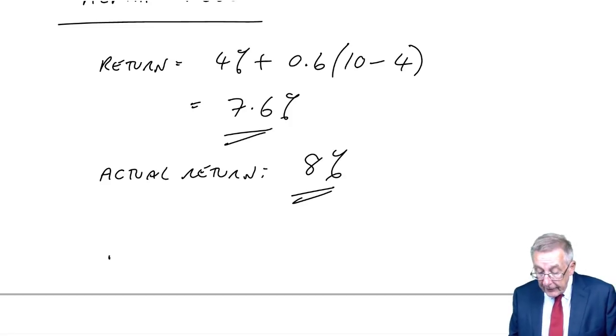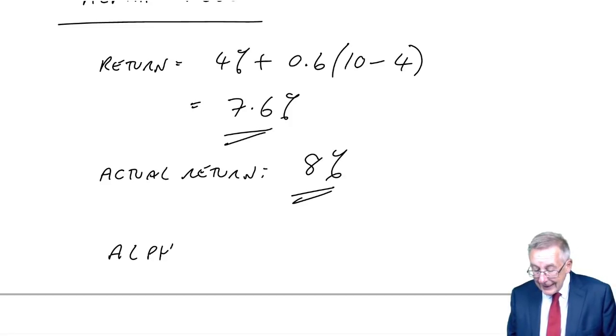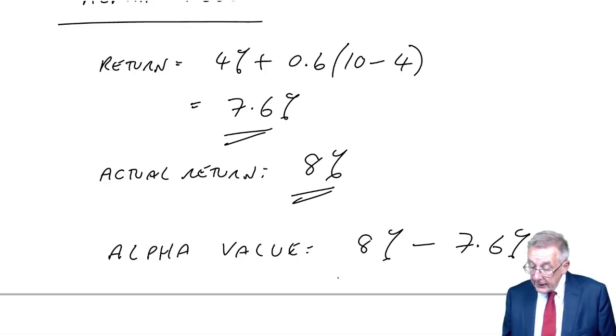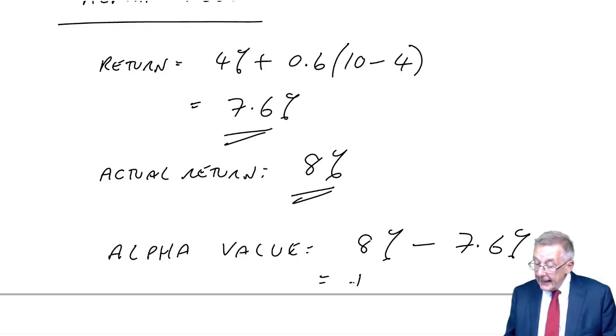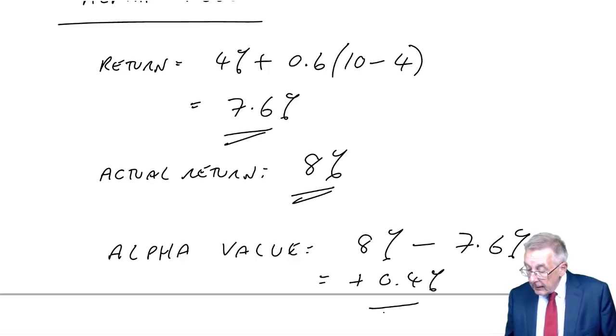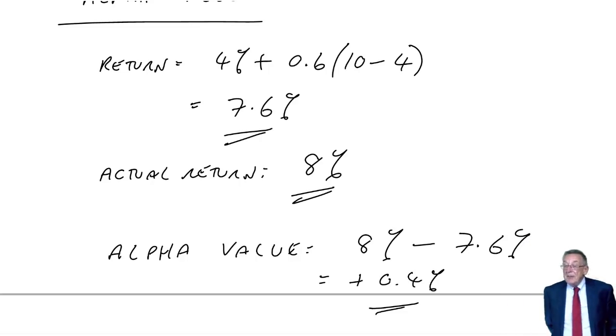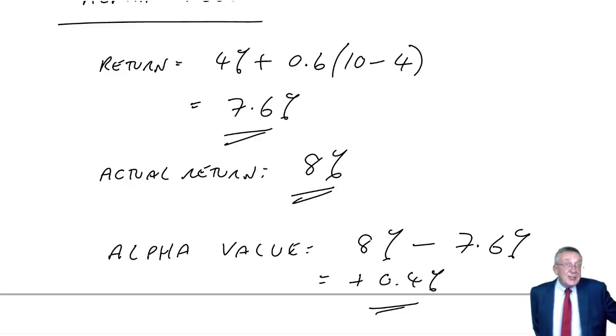Well, all the alpha value is the difference between the two. It's actually giving 8. It should be giving 7.6. So today, it's giving 0.4% more than it should actually be giving. Come back next week and it may be giving 0.2% less than it should be giving.